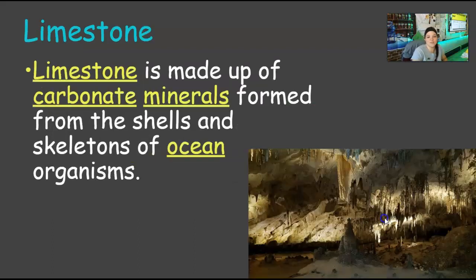So that's pretty cool. All right, so limestone, this thing right here. Limestone is made up of carbonate materials, meaning it's formed from shells and skeletons of ocean organisms. So it forms this stuff called limestone. And limestone is made up of mineral calcite. And calcite, if you remember, some minerals bubble with acid.